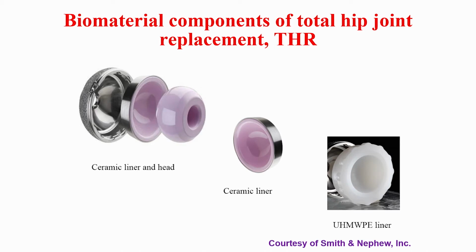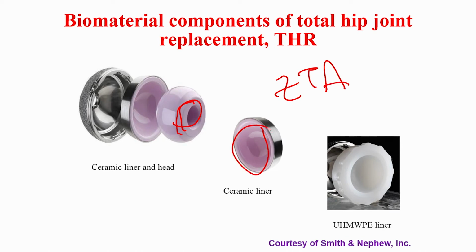Now, there are always recent innovations and developments in the field of total hip replacement surgery. As I told you, both ceramic liner and ceramic head are possible. This is typically a Ceramtech product, though other companies also produce such materials, and it is again made of ZTA, zirconia toughened alumina.